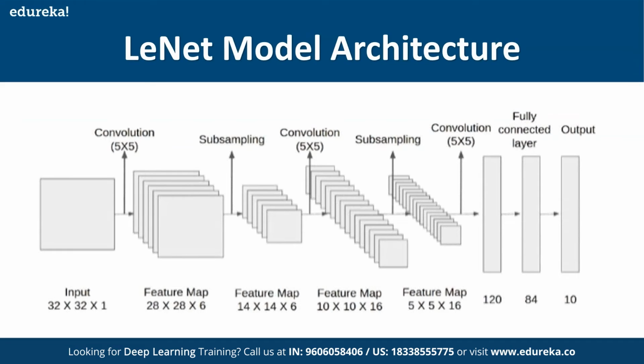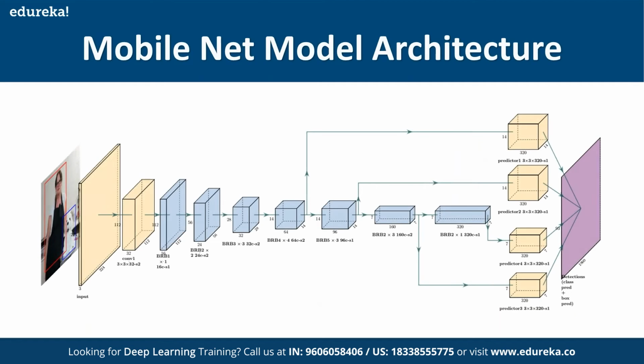One such model architecture is the LeNet architecture, which has a series of convolution layers and takes input of shape 32 by 32. Another well-known architecture is the MobileNet model architecture. We've also got ResNet and InceptionNet. Multiple such architectures are available. You can check out the official TensorFlow page to know the various pre-trained models and how you can work with them.